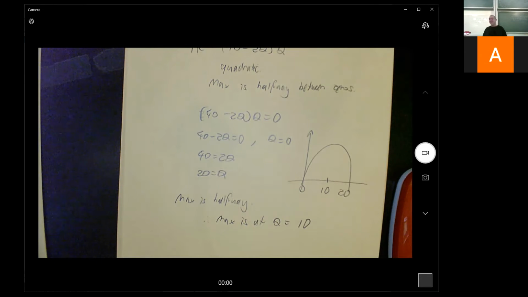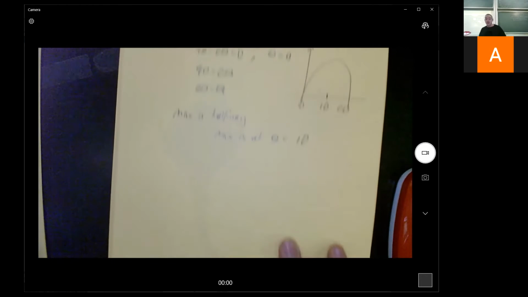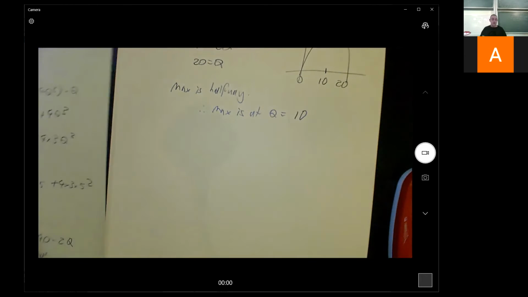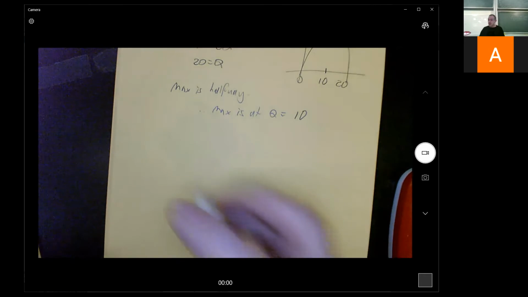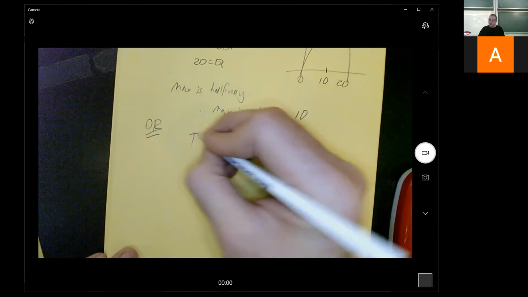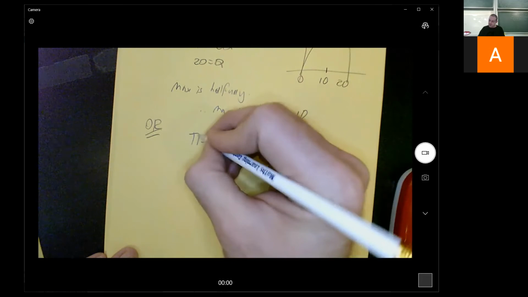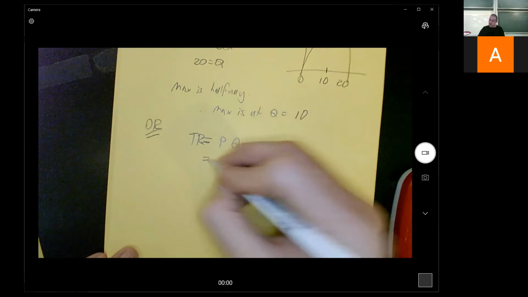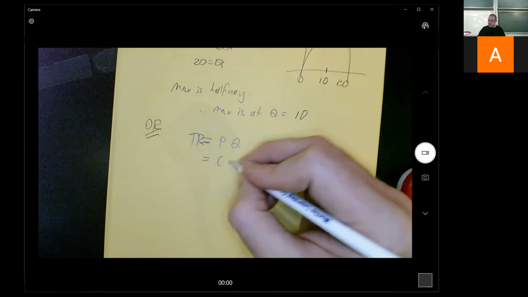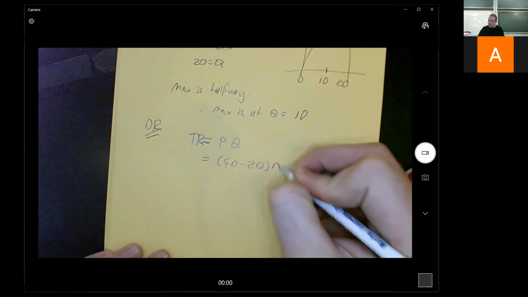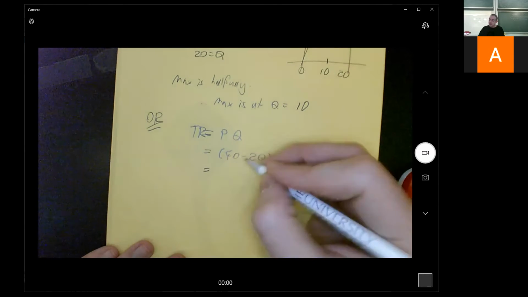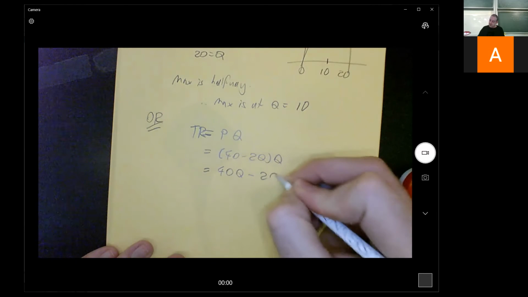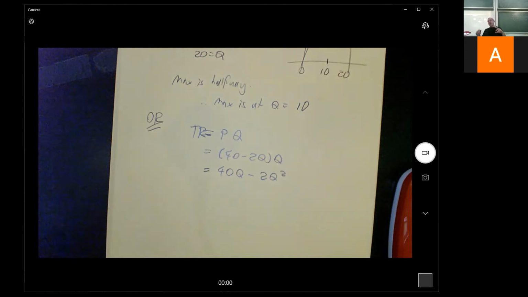Yay, okay. You could also do it with derivatives. So if you really wanted to, you could do this, or we've just figured out the total revenue, and that was P times Q, and we could differentiate it instead, because the maximum of any function can only happen when the derivative is 0.